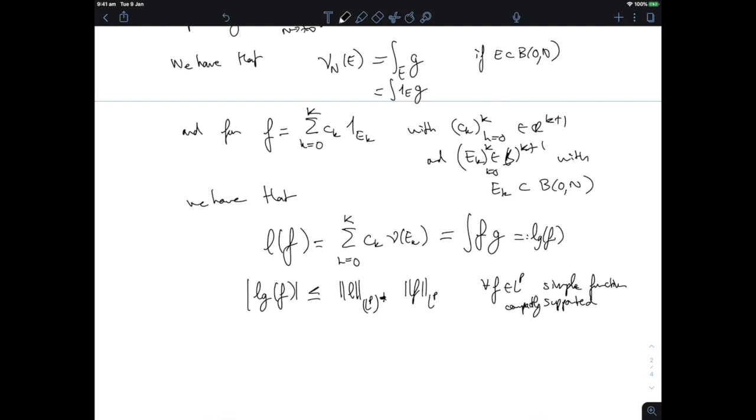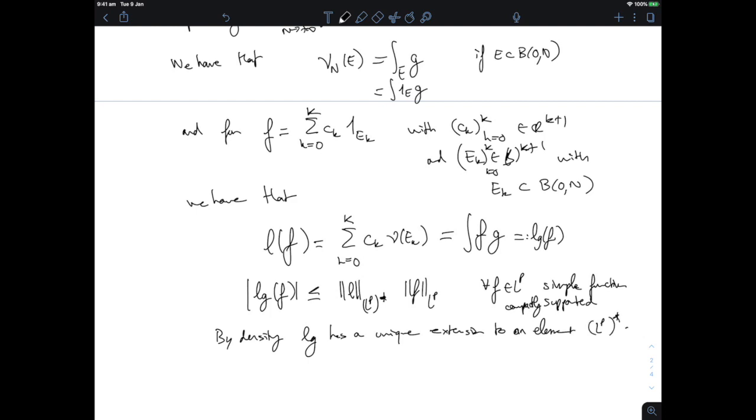Right, but the set of compactly supported simple functions is dense in LP. So by density, Lg has a unique extension to an element of LP star, right?